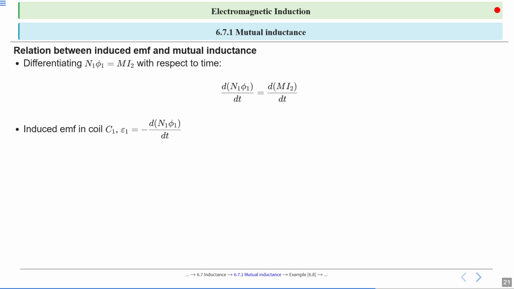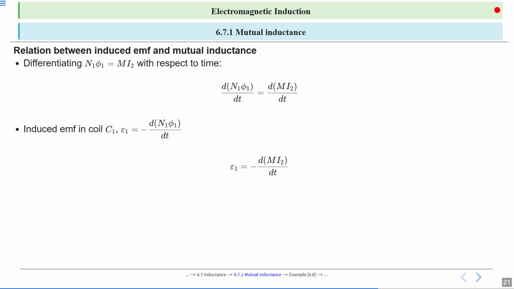So the EMF induced in coil C1 will be equal to the change of flux in the first coil, that is N1 phi 1. So epsilon 1, that is EMF in the coil C1, will be equal to minus d of the flux linkage with the first coil, N1 phi 1, upon dt. We know that N1 phi 1 is equal to M I2. So put M I2 in place of N1 phi 1. So epsilon 1 will be equal to minus d(M I2) upon dt.